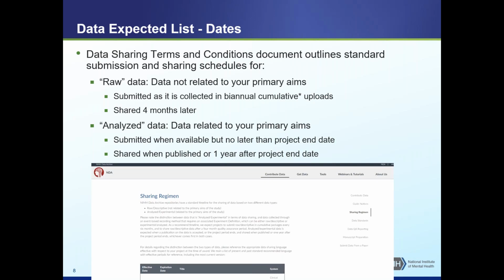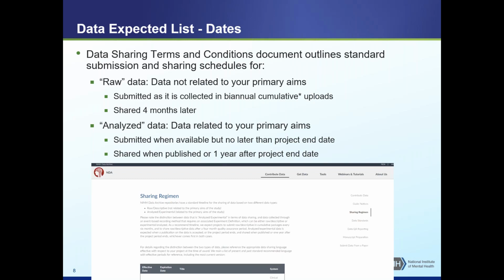So at the moment, we have these two different data sharing schedules that can be used to determine what dates based on your own project's individual start and end dates. There's the first, raw data, also known as descriptive data in some of our documents. This is data that characterizes a research subject, data not related to your primary aims, raw imaging data, things like that.